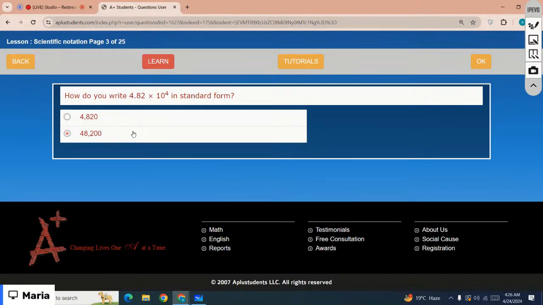Option number 2 is the correct option, right? You have to move the decimal point 4 places, right?